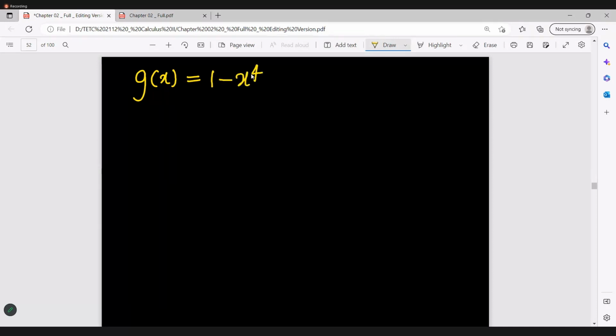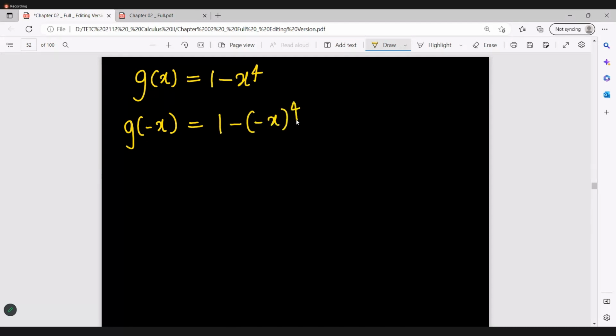We are asked to check whether this given function g of x is an odd function or an even function. So what do we need to do? We have to start from g of minus x. That means we have to replace all the x terms in this function by minus x. So 1 minus x to the power 4.